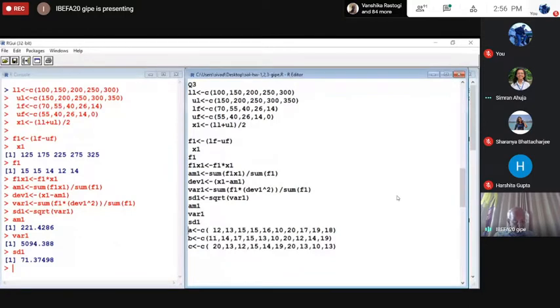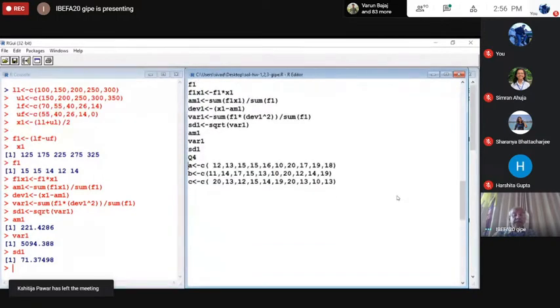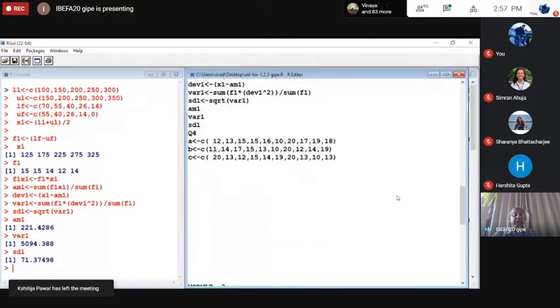So now I am doing question 4. I have A division marks, B division marks, C division marks. I define a row matrix.